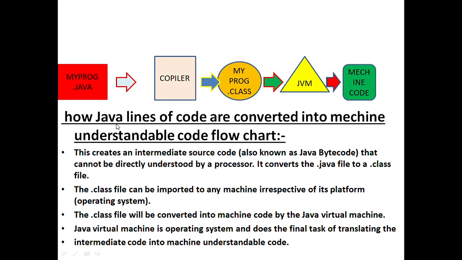Next, this is how Java lines of code are converted into machine understandable code, in a flow chart. The compiler creates intermediate code that cannot be directly understood by the processor, that means the computer. It converts the Java file to a .class file.